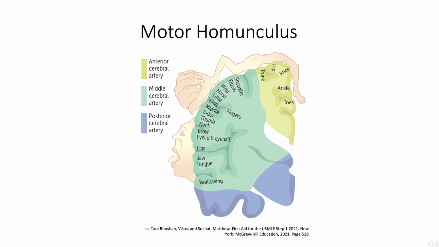So the most medial part of the precentral gyrus will generate information to facilitate the movement of the toes. So basically, neurons that will end up on skeletal muscles moving the toes will begin from that section of the brain where you see the label toes.